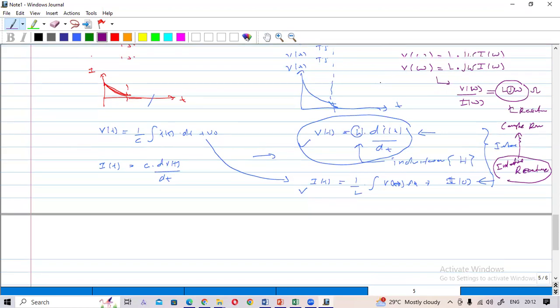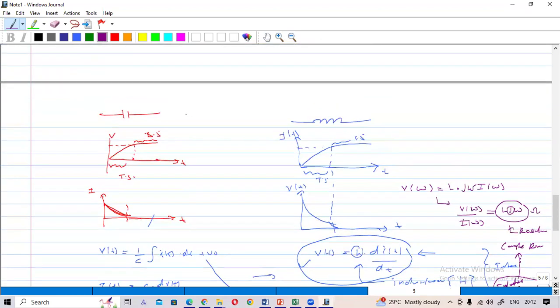Then if you consider the capacitor, capacitive reactance is 1 over C omega J. Okay, this C is measured in farad. This omega is, so we are now considering the frequency domain.